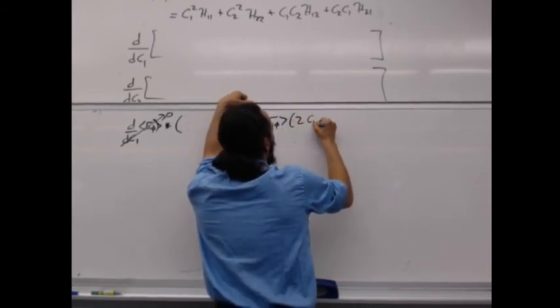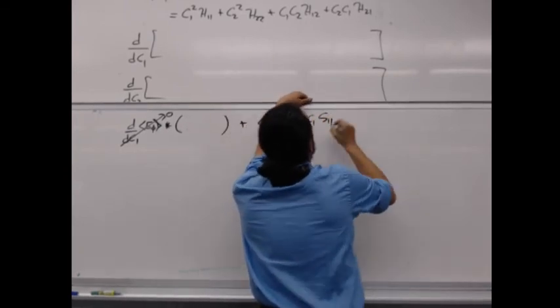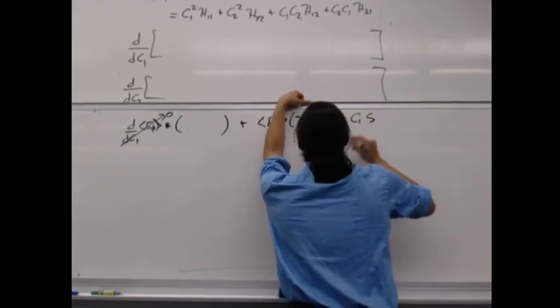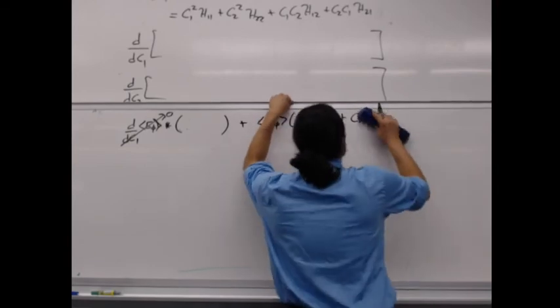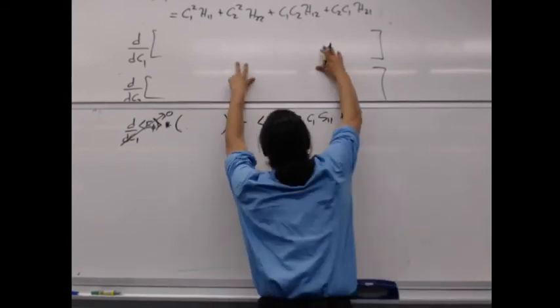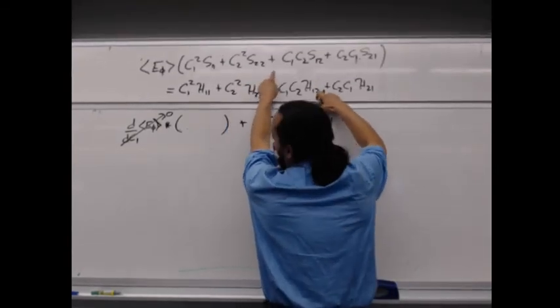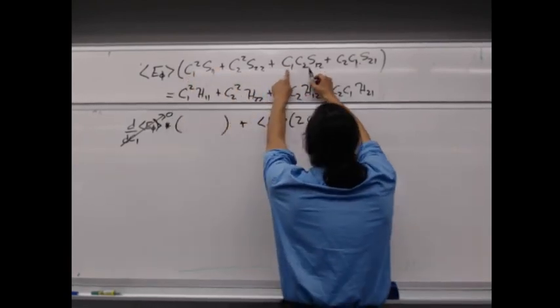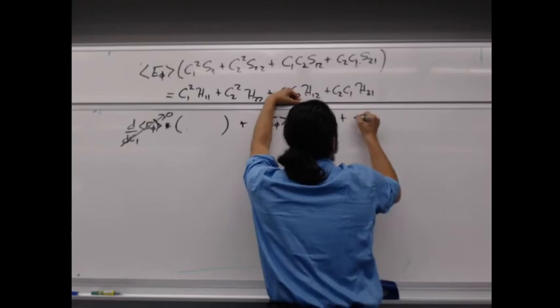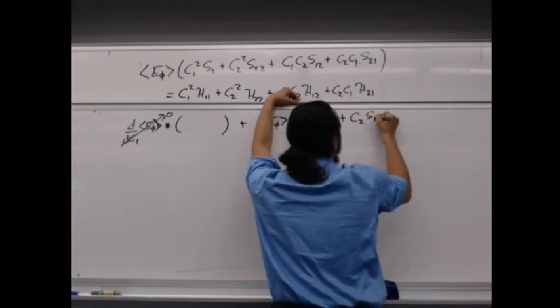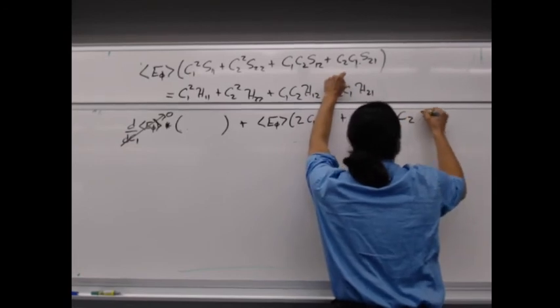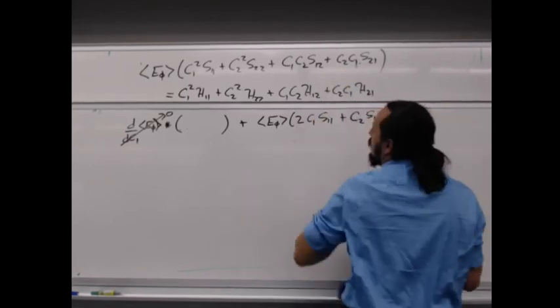It's going to give me 2C1 S11 plus C1 S, whoa, got to take the derivative correctly. Derivative with respect to C1, I'm going to get a 2C1 there. I'm going to get a C2 S12 here, and then another C2 S21.